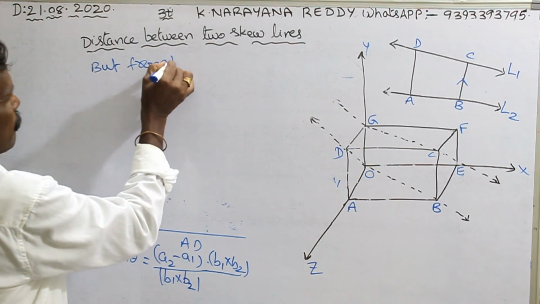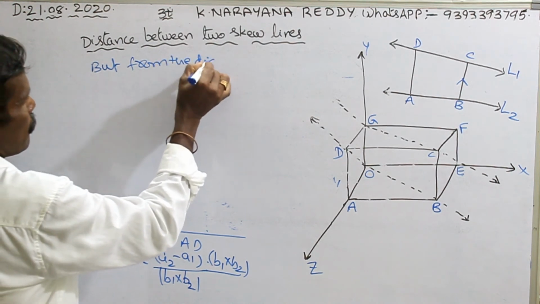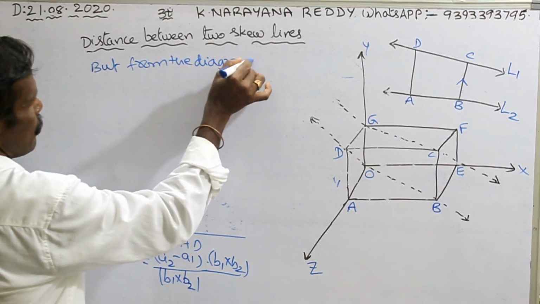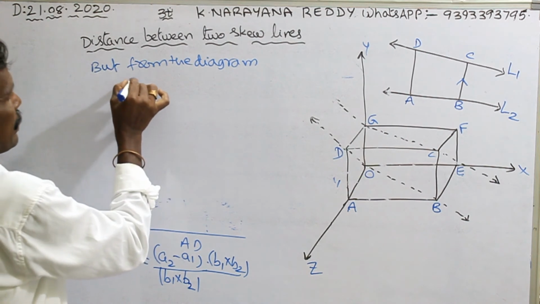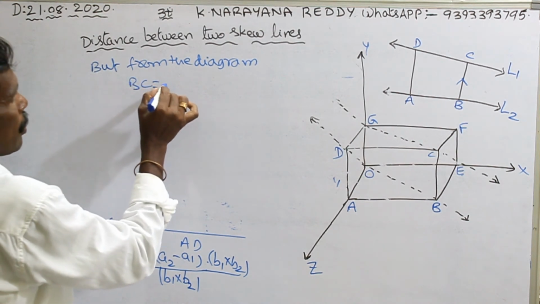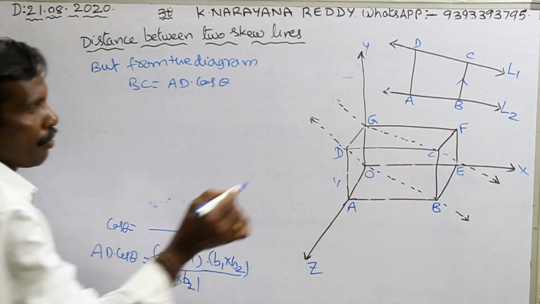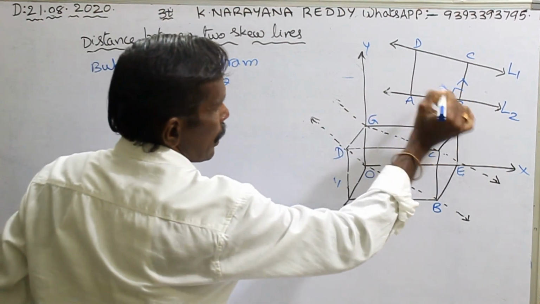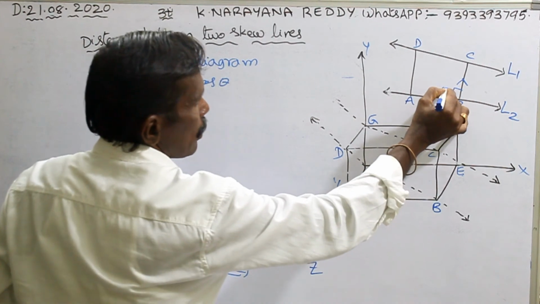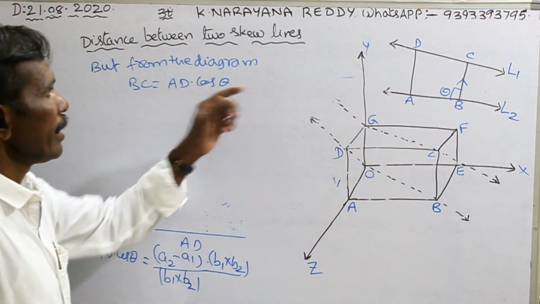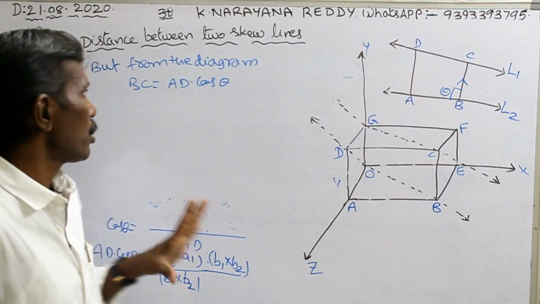From the diagram, BC equals AD cos theta. Yes or not? Why? Because consider here the angle as theta. AD equals BC cos theta.